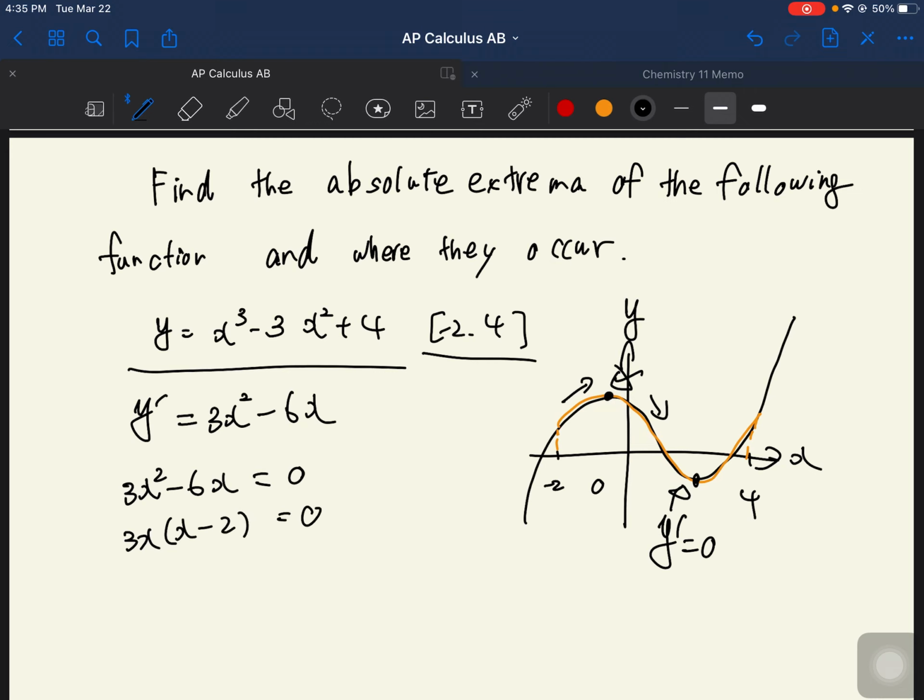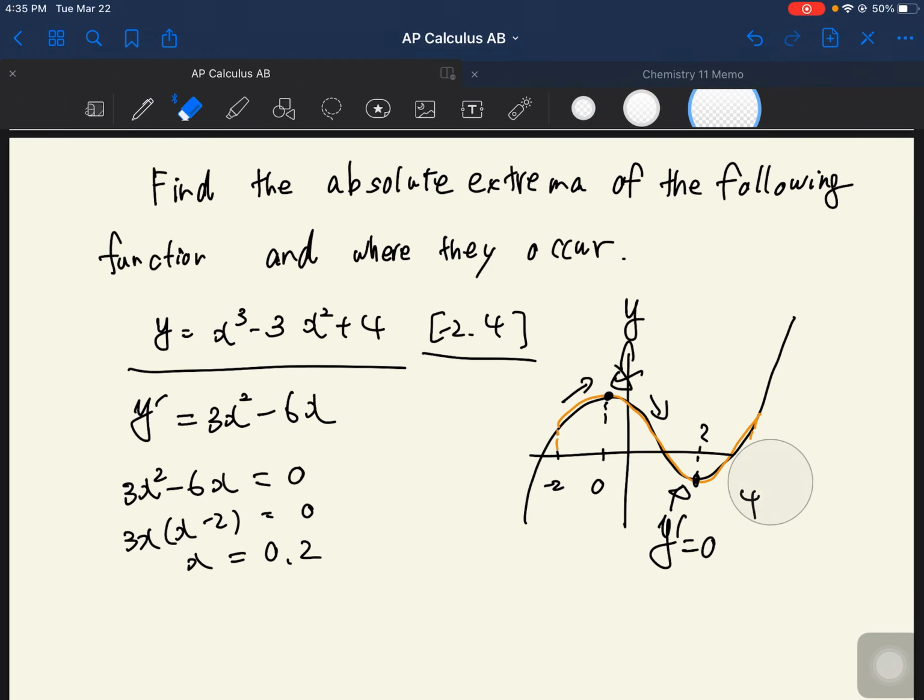Let me factor it. Then actually x equals 0 and 2. So when x equals 0 and x equals 2, this graph has a critical point.